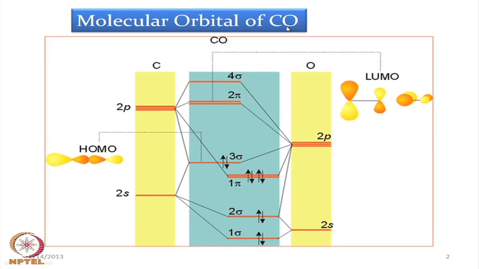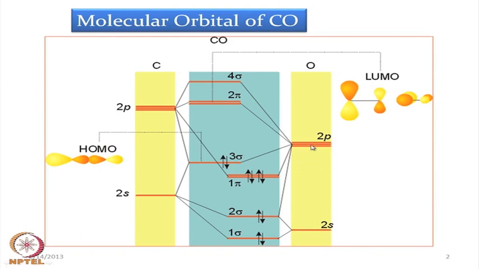So, altogether we have 10 electrons, but not all electrons are donated to the metal center for the formation of the metal-carbon bond in the carbonyl complexes, because there are a large number of such metal carbonyl complexes, such as nickel tetracarbonyl and others. But in this particular case, we see the molecular orbital picture for the carbon side and that of the oxygen side, because the oxygen side has more electrons.